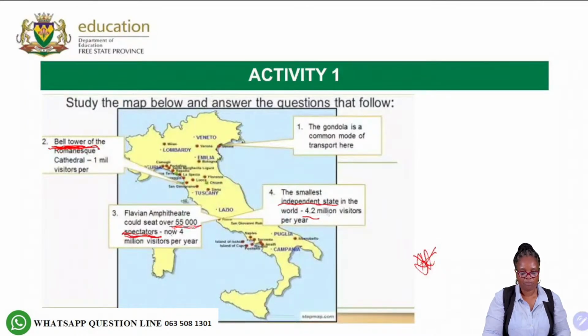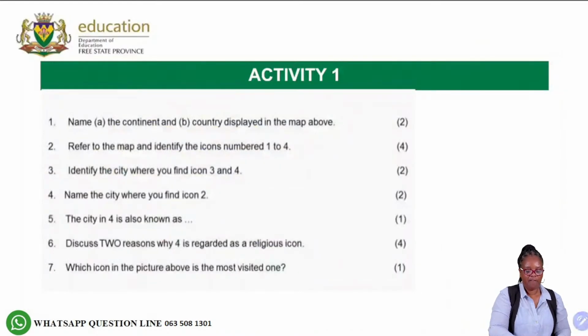And the smallest independent state is what? The Vatican City. So now the question says, identify the city where you find 3 and 4. Where do we find the Colosseum? The Colosseum is found in the city of Rome. Then we have number 4.